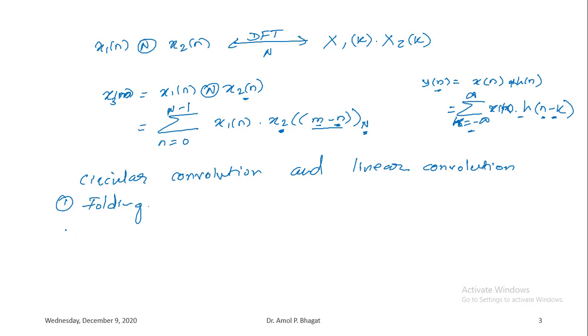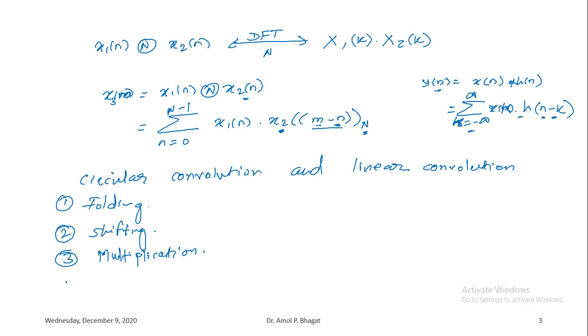The second operation that will be performed is the shifting operation. So this signal which we have folded will get shifted by samples, okay? Then the third one is the multiplication operation, so multiplication of the two sequences to obtain the product sequence.